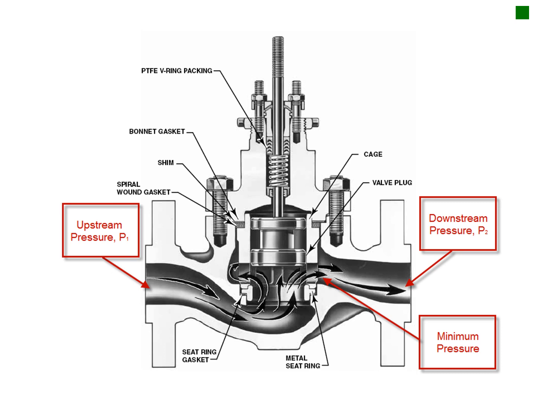Let's take a look at an overview of what a control valve does. The valve itself takes an upstream pressure of a fluid, which we call P1. It enters the valve and goes through a flow reducer and then exits out the control valve at a pressure P2.